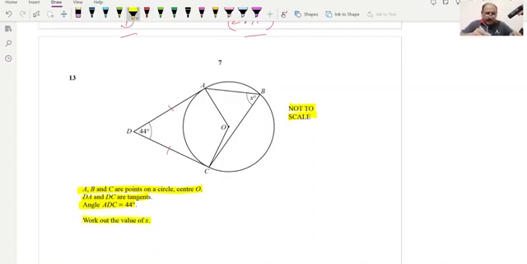To better understand this one, what we will do is split into two triangles like this, and this will be 22, and this one we know is 90 degrees. We are considering this triangle.